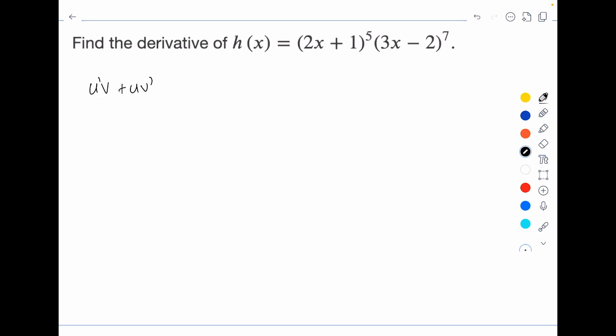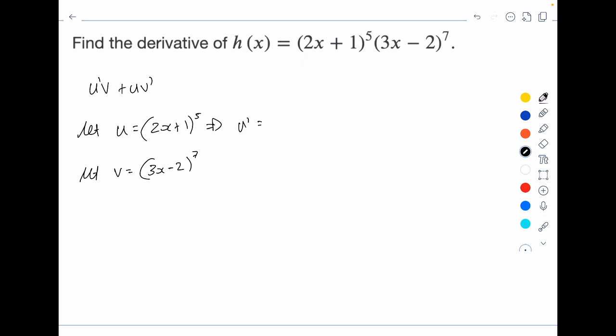Okay, we find the derivative of u, derivative of v, and say let u equal 2x plus 1 to the 5. If you haven't seen the product rule, check out my video on product rule. I'll link it below. Let v equal 3x minus 2 to the 7.